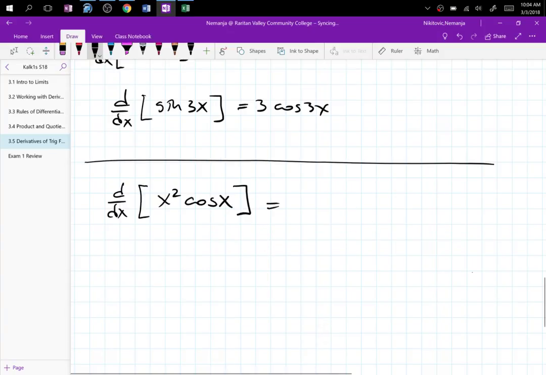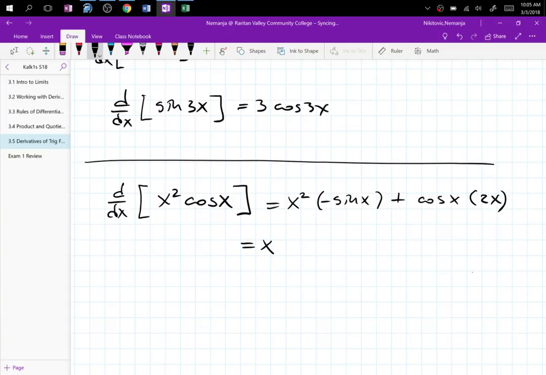Copy the first times the derivative of the second, plus copy the second times the derivative of the first. The only thing we can kick out is x. I'm going to write the first term first because of the plus. The second one has the minus.